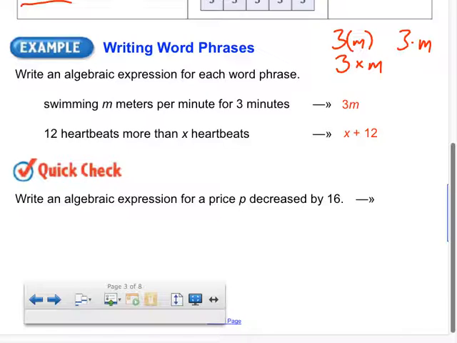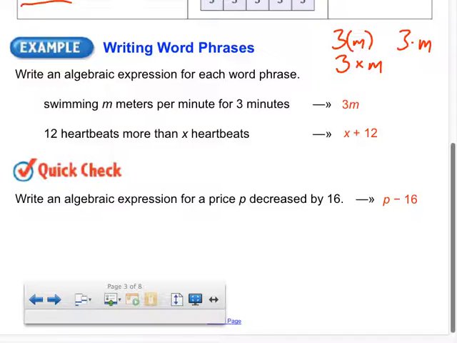Who's got this last one down here? Write an algebraic expression for a price P decreased by 16. Who has that one? Yes, Leah. P minus 16, decreased by 16.